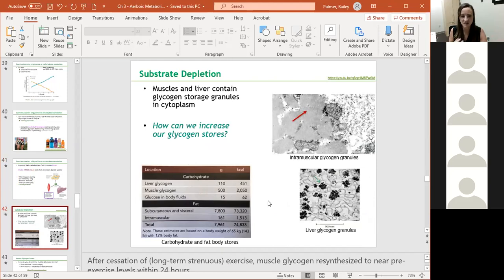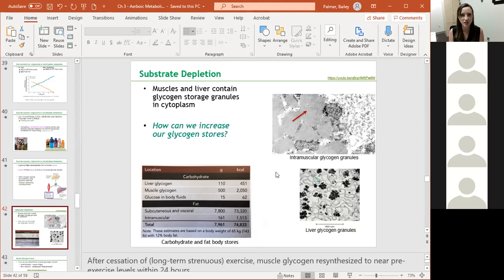I think I mentioned in the lecture, depending on body size, you look down here, this is a 143-pound person with 12% body fat. That's where these numbers come from. But generally, it's going to be about 400 to 500 grams of muscle glycogen stored in these little granules. And then liver glycogen, it's about 100 to 120, or you see right here, 110. So it depends on body size.